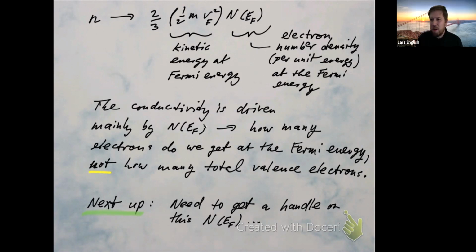If we want to plug things into the quantum formula, we're going to have to know what to plug in for capital N of E. That's going to take us another lecture to straighten out, but we're getting there. We're moving from the classical formula for conductivity from the Drude model to a more accurate formula that comes out of the quantum mechanical description of electrons. Okay, thank you.